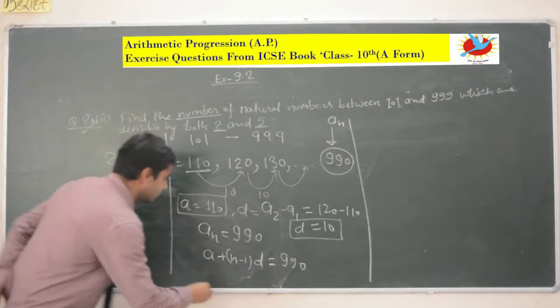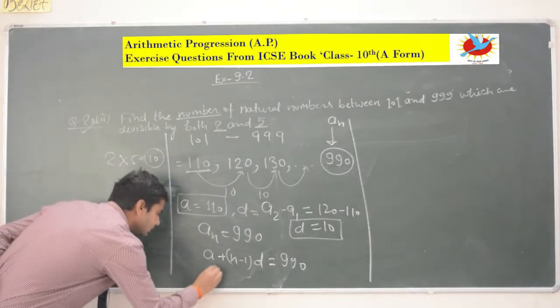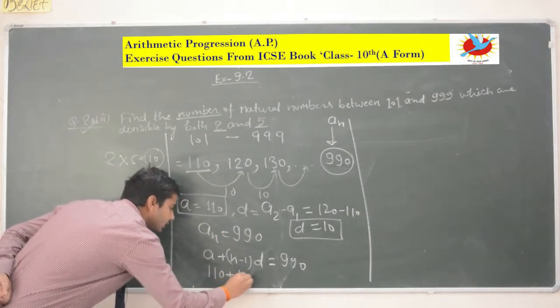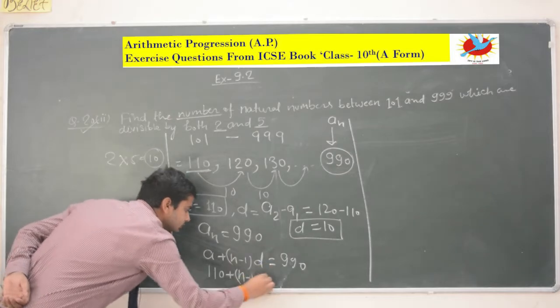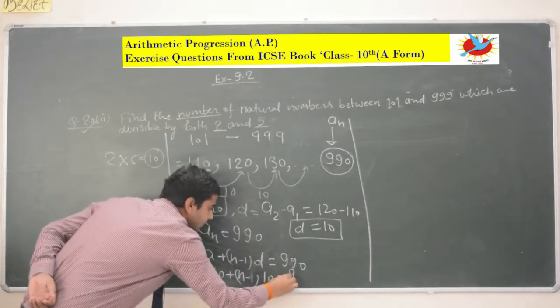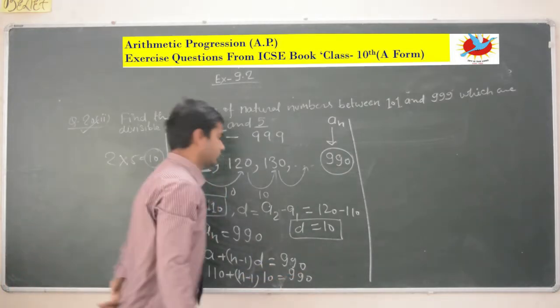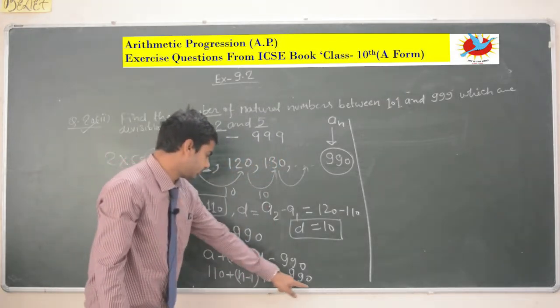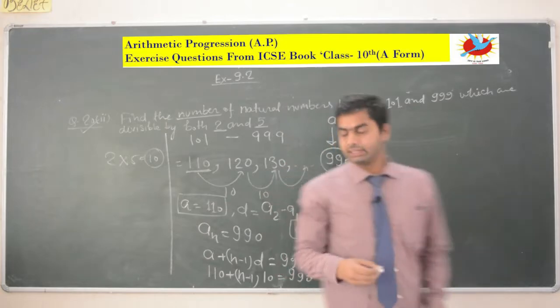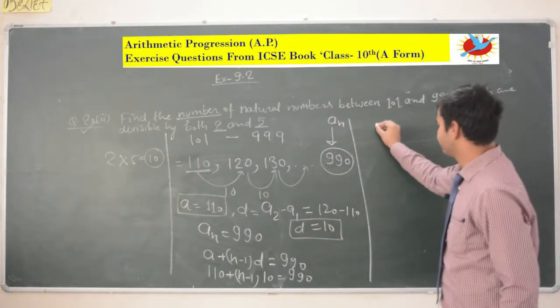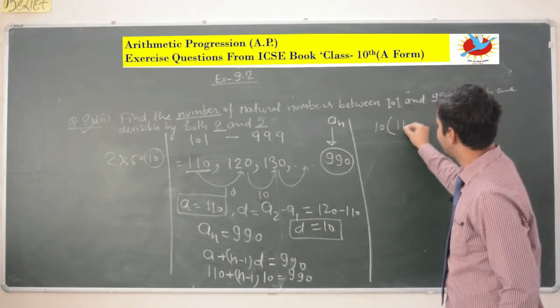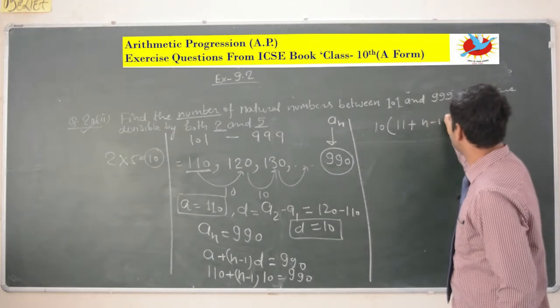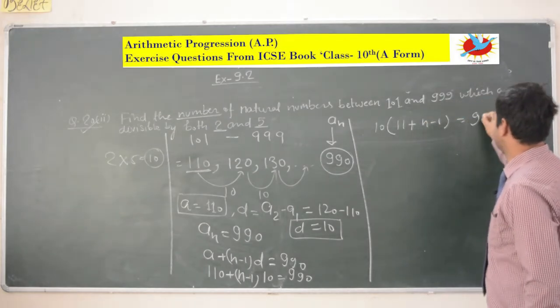Okay, so this will become 110 plus n minus 1 into 10, equal to 990. Okay, so we can take 10 as common. If we take 10 as common, we will get 10 into 11 plus n minus 1 equal to 990.